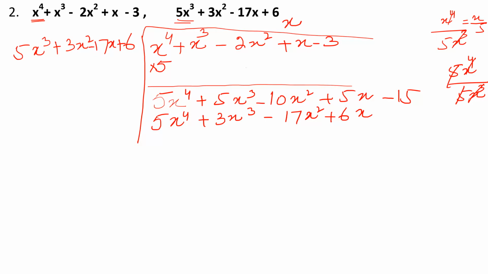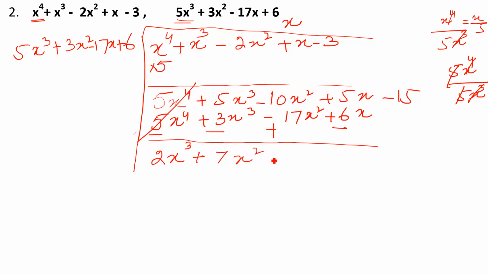Okay, so what is the next step? We will change the sign. This positive negative will cancel out, but we have to use the sign of the largest magnitude. This will be positive 17x square, negative x, negative 15.